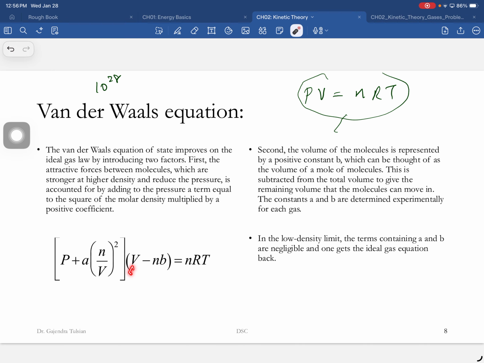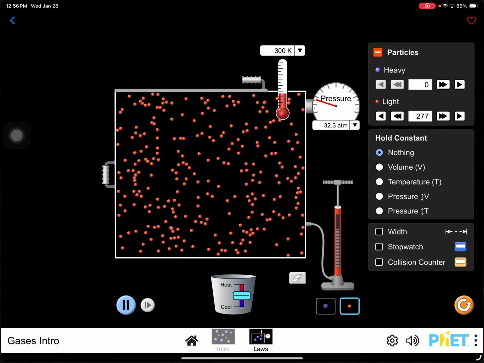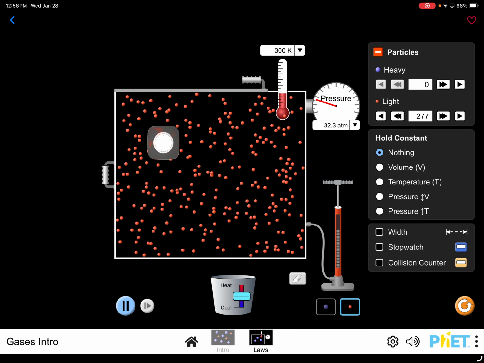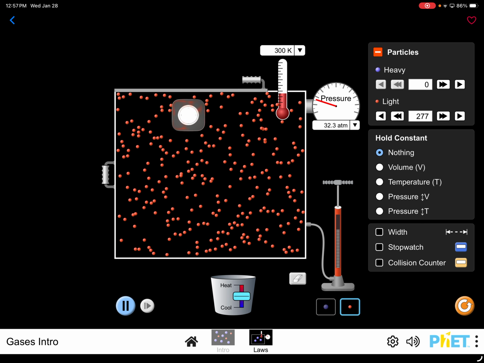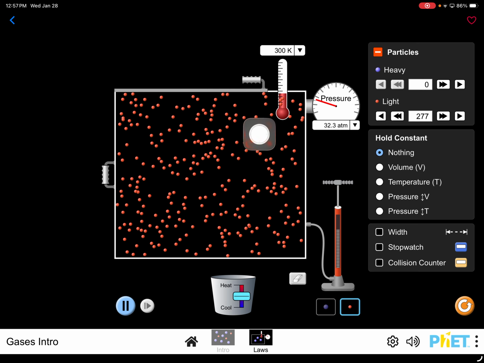That's the correction term. In the low density limit, the terms containing A and B are negligible. These terms are very small in the low density limit, and this will reduce to that equation. But anyway, here's the first correction. The van der Waals equation is the first correction to that equation.